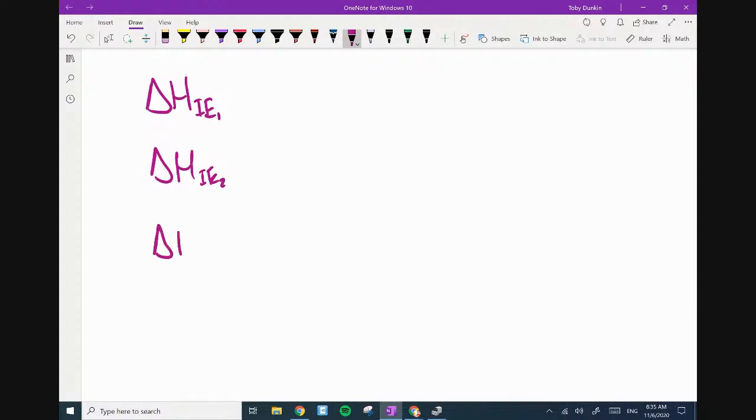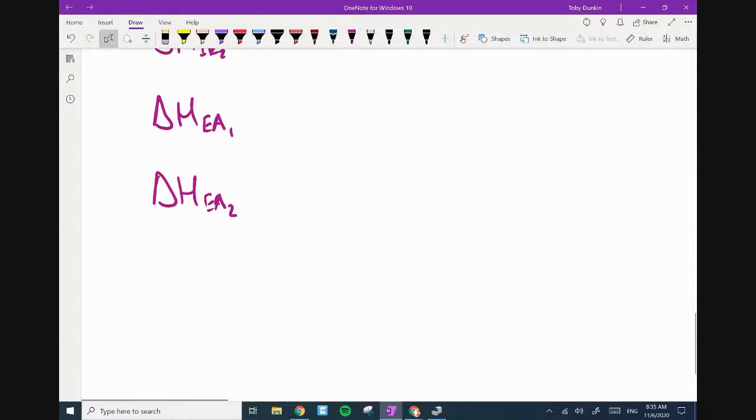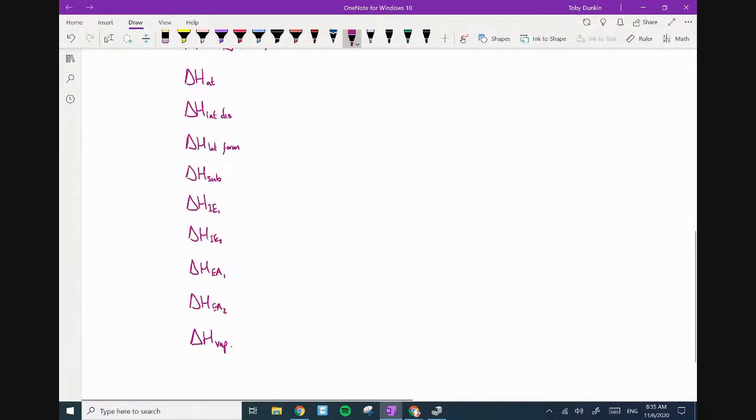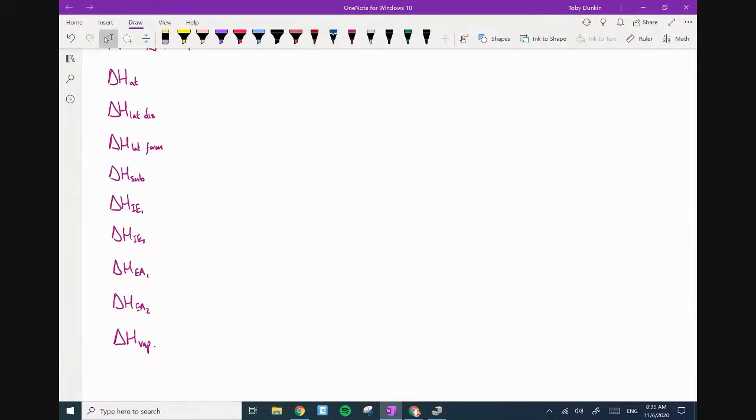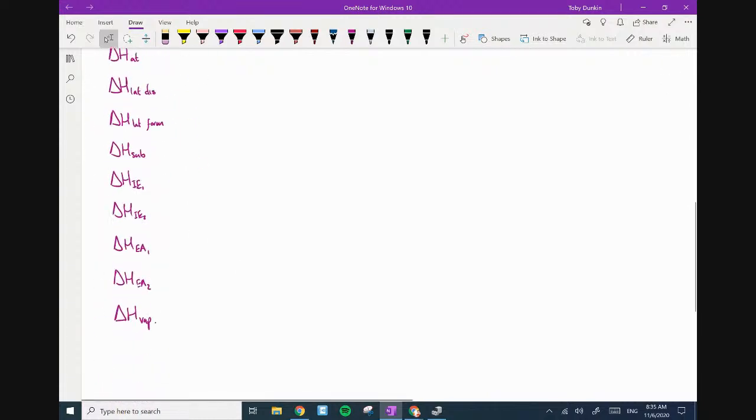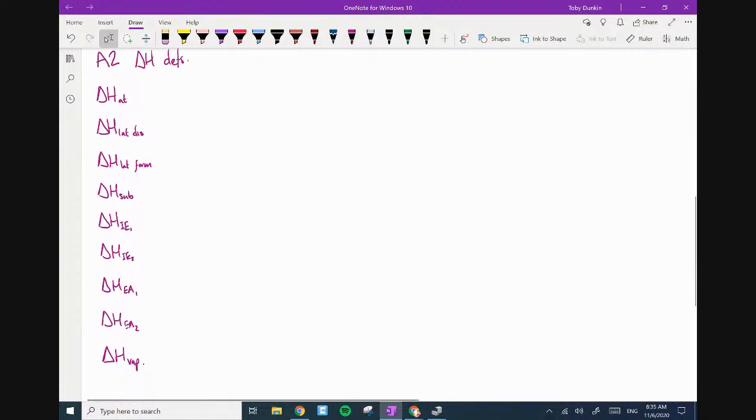Then electron affinity 1, and electron affinity 2. Then there's the enthalpy of vaporization, VAP. So you pick up boatloads of these when you get to A2. This is why I call it the definition list, and all of these AS ones still apply. So bear in mind that more of these are coming.